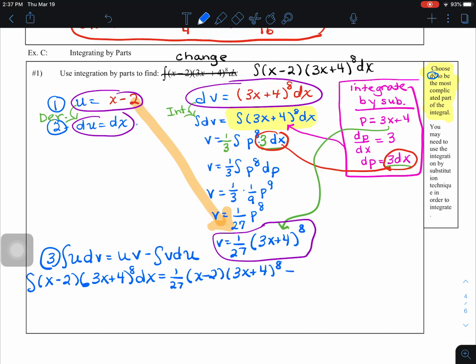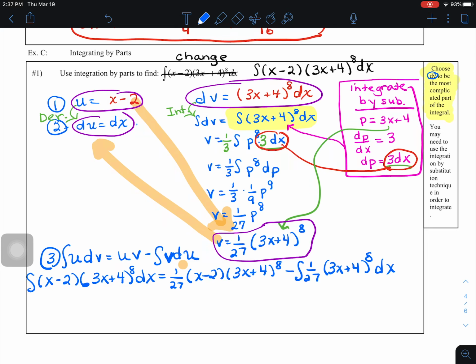So we're going to do minus, and then it's v du. I didn't write that very nice. This is a v here. And so then these things get multiplied together. v, and there's an integration symbol there, and du just gets exchanged for a dx.